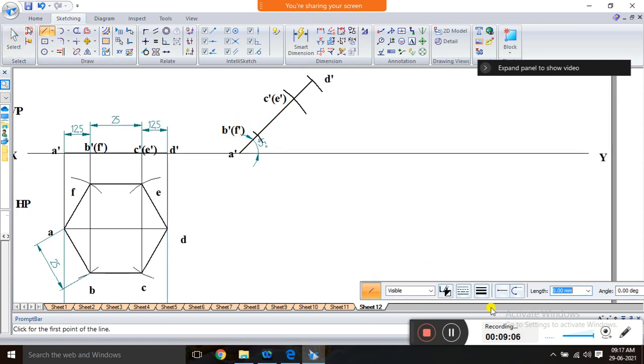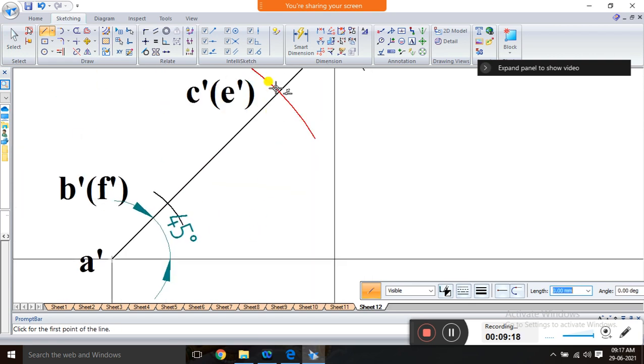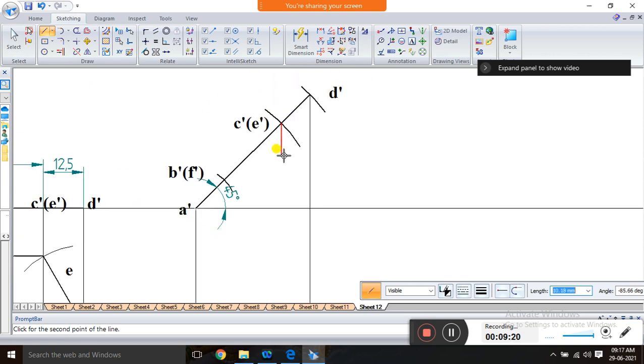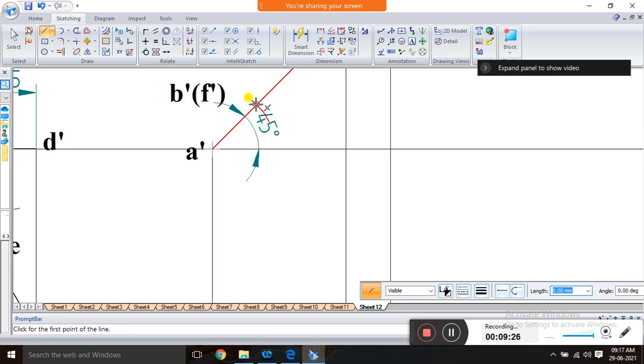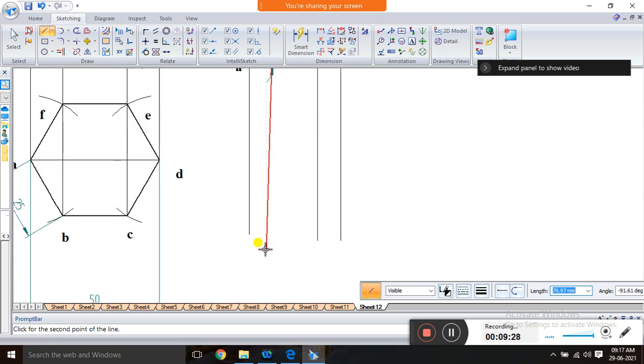Then go for projection so that you will get the top view. First you have to project all the vertical lines with the help of a scale. Draw vertical lines.